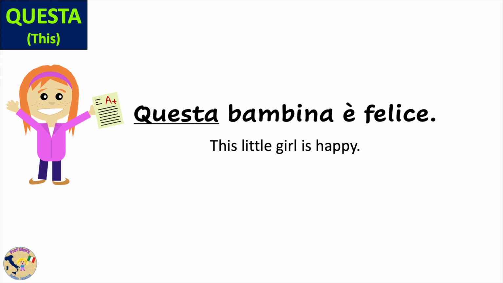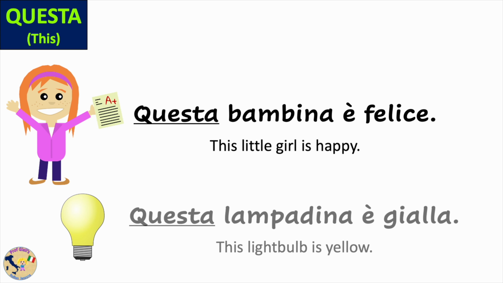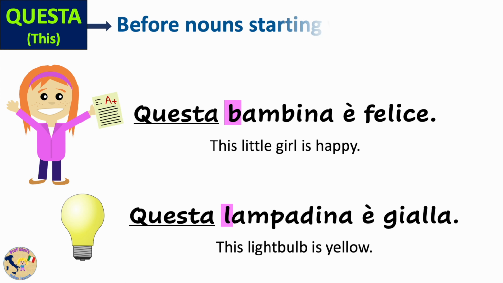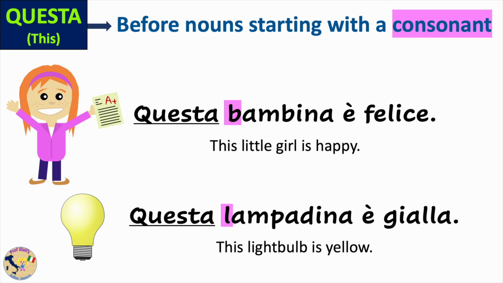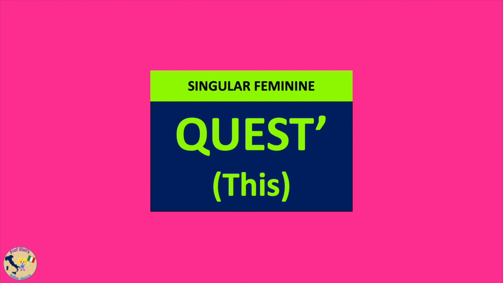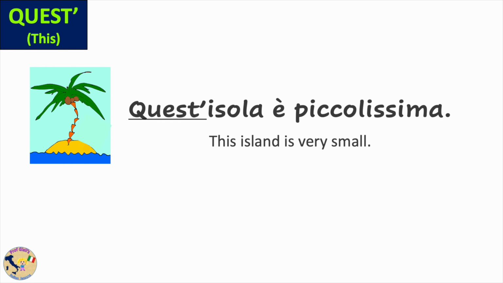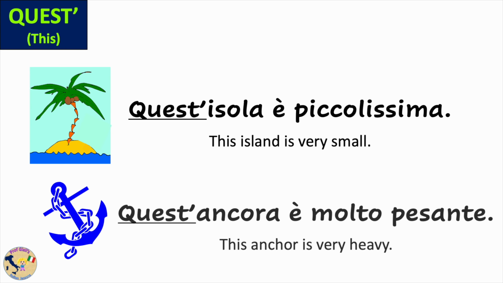Questa bambina è felice. Questa lampadina è gialla. Quest'isola è piccolissima. Quest'ancora è molto pesante.